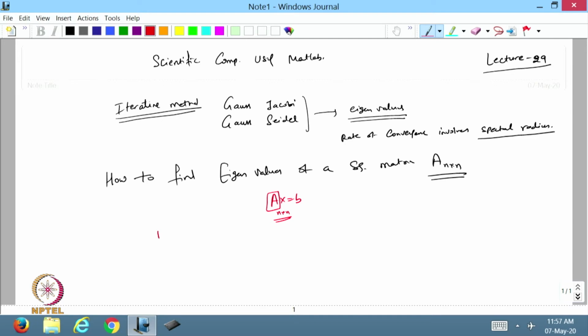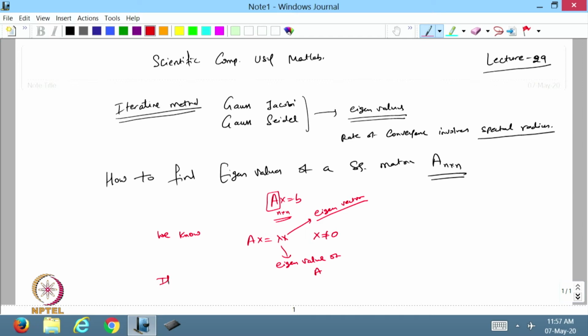We know that the eigenvalues can be found analytically as Ax = lambda x, where x is not equal to 0. Then we say that this lambda is an eigenvalue of matrix A, and this x is called the corresponding eigenvector. Now I want to find first the eigenvalue and then the eigenvector, and we know how we can find this.